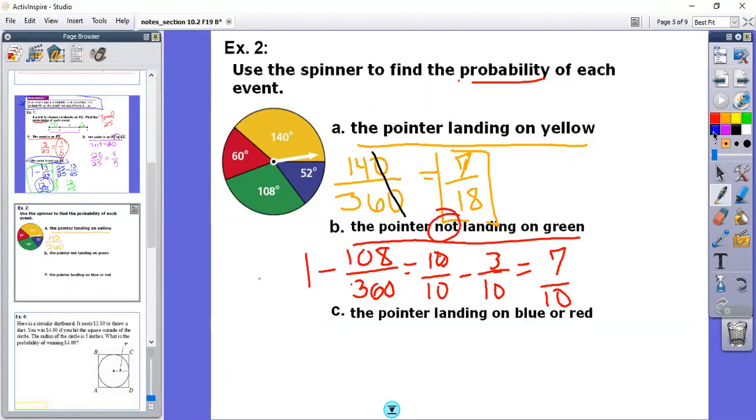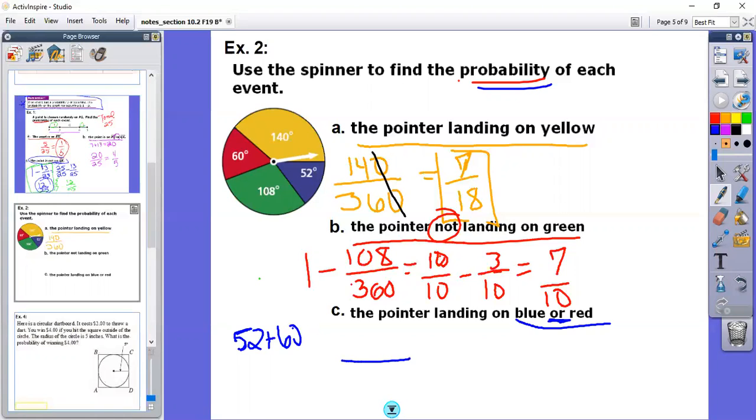And then I'm going to come down to C. They said, what's the probability that the pointer lands on blue or red? So that's another OR question. So I'm going to add those two parts together and take it out of the whole. So probability of blue, which is 52 degrees, plus red, that's 60.